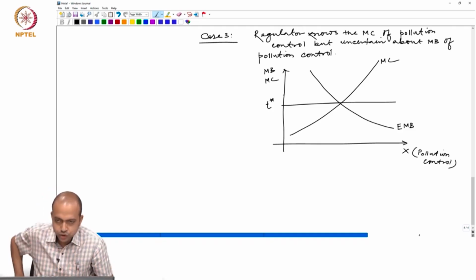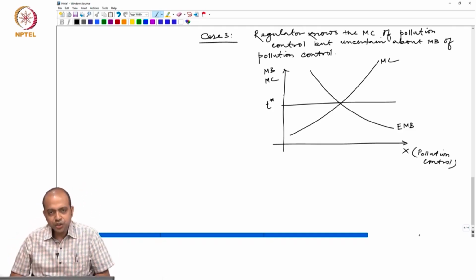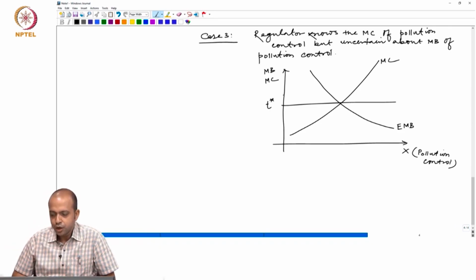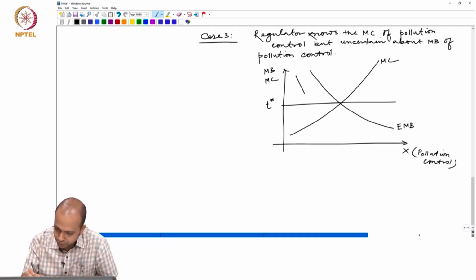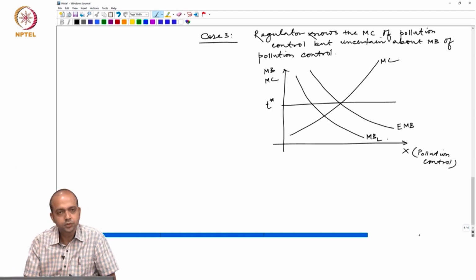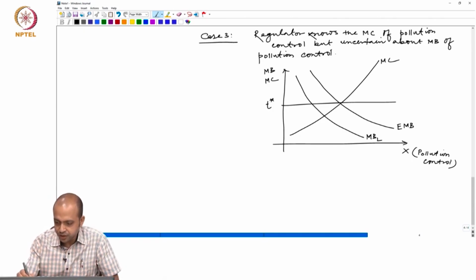Let us now suppose that the actual marginal benefit is lower than what we expected. This is the marginal benefit, this is MB, let us say lower. So, where is the private optima? Private optima is decided here, T equals MC. This is, let us say, X star.